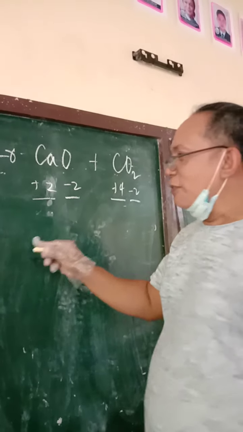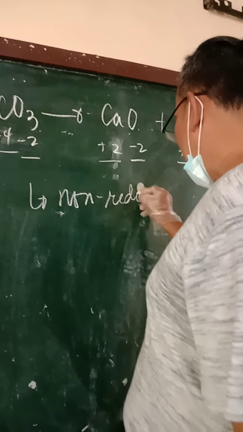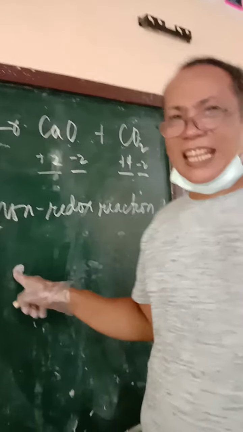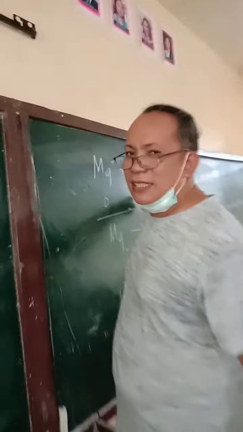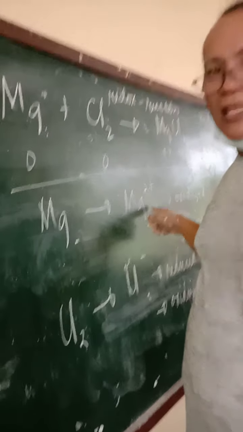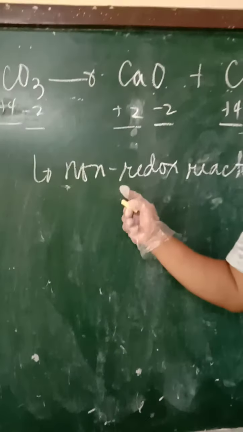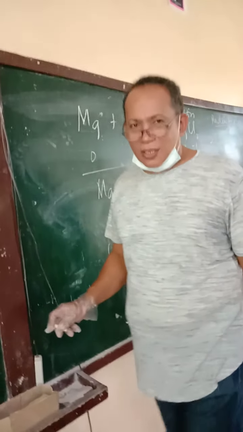That is why this reaction is considered a non-redox reaction. Pay attention in class. The earlier example is a redox reaction because there was a change in oxidation number. Here there is none, since calcium did not change, oxygen did not change, and carbon did not change. So this is a non-redox reaction.